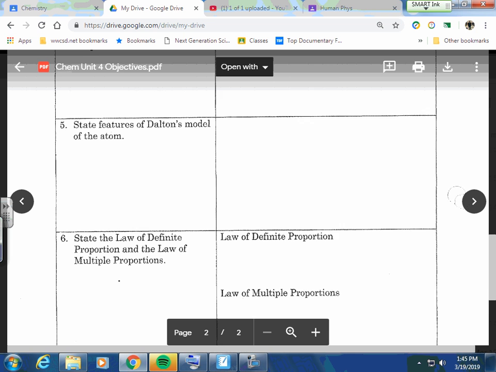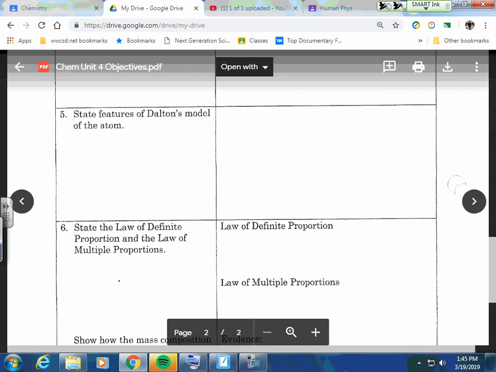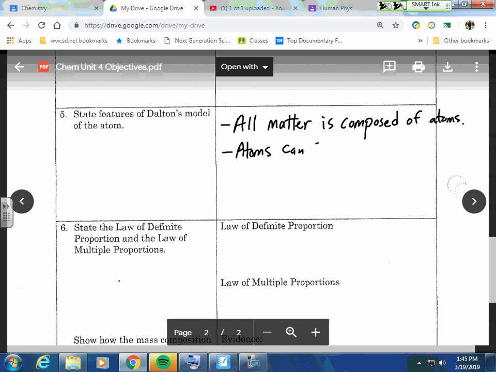Okay, so state features of Dalton's model of the atom. All matter is composed of particles called atoms. Atoms can chemically combine, but atoms are not destroyed.